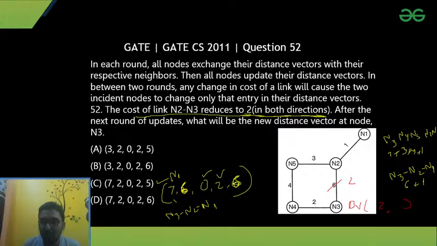So initially it was 6. First of all, to reach n1, 7, then to reach n2, 6, then 0 for itself, then 2 for n4, then for n5 it is 2 plus 4, 6. So 7, 6, 0, 2, 6, and this is fine.